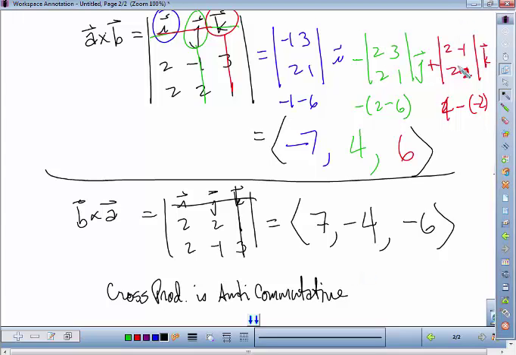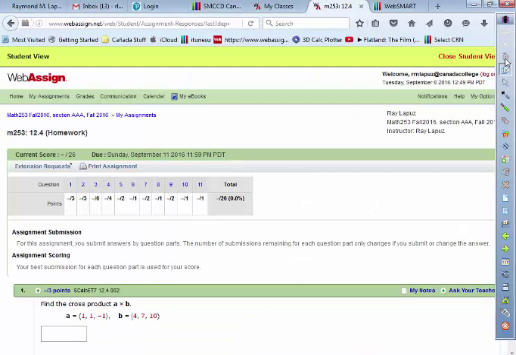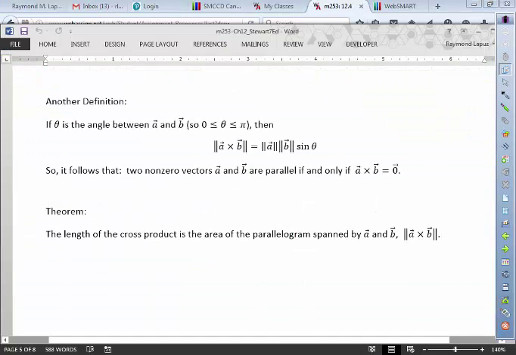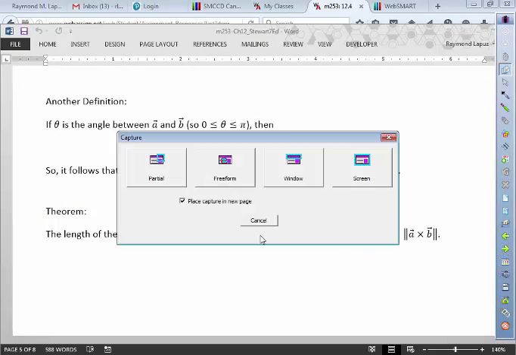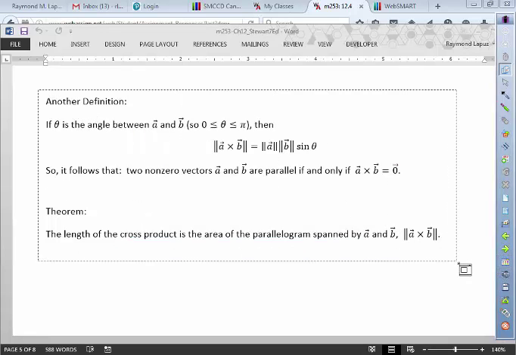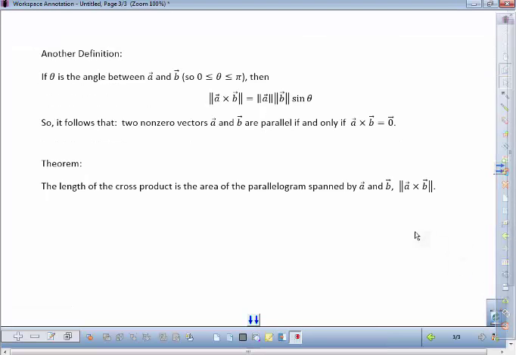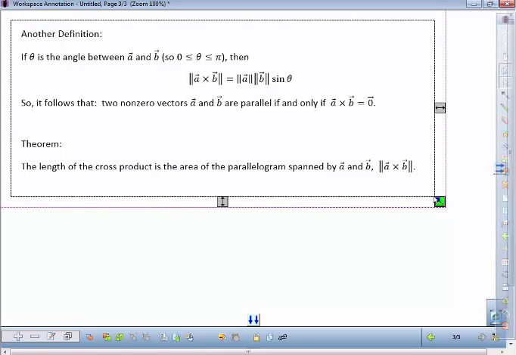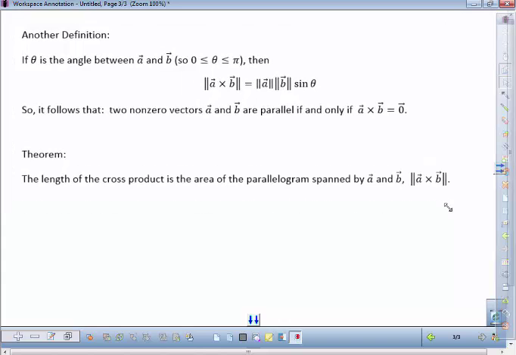All right, let's examine a couple of other properties that are important to the cross product. Some would call it a definition. Some would actually go ahead and try to prove this. We will call it a definition or just the property that we're not going to prove. And similar to the dot product, there's also a definition of the cross product that has to do with an angle between the two vectors. So notice that the cross product is actually a vector.